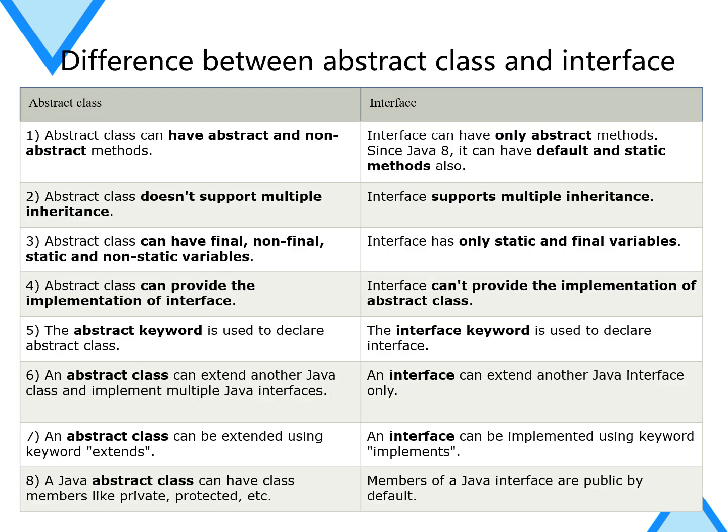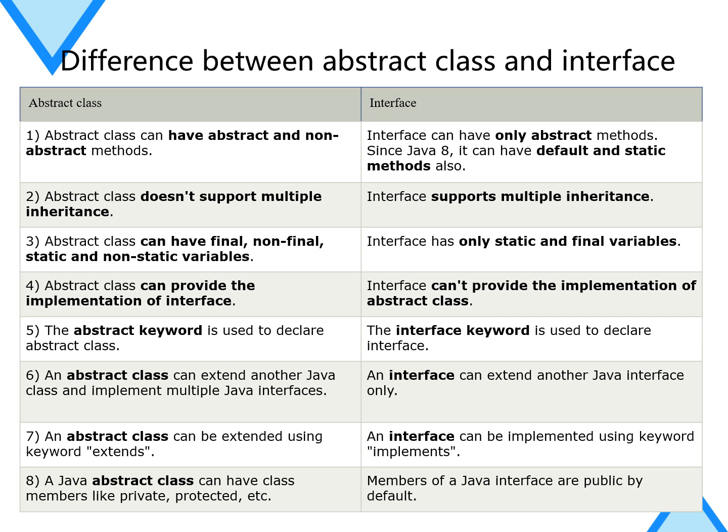As the last topic, we are going to differentiate between abstract class and interfaces. An abstract class can have abstract and non-abstract methods, but an interface can have only abstract methods, and since Java 8 it can have default and static methods also.